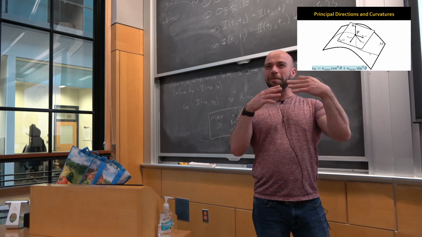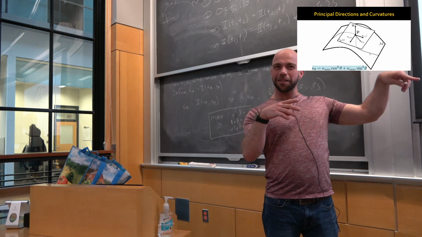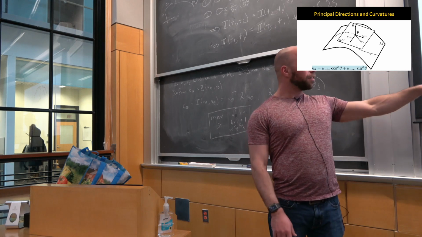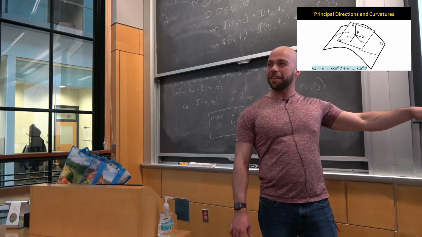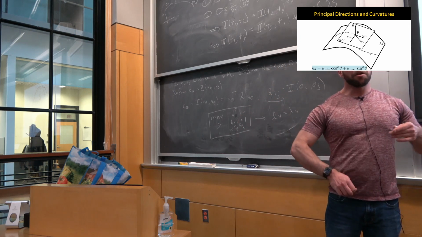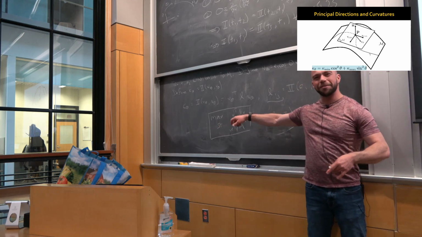Either the surface isn't smooth, there's a singular point, or if I somehow manage to smooth it out, I would feel like there's curvature wiggling at a very high frequency as I move around that point. But at least for this notion of curvature, we've derived that just can't happen. If we know two numbers, we know everything. And moreover, they have to occur in orthogonal directions. We know that because they're eigenvectors of a symmetric matrix.